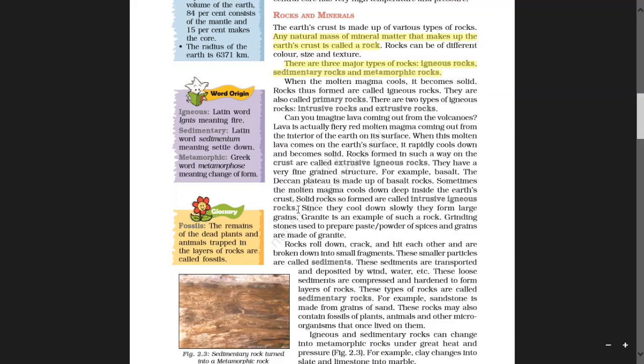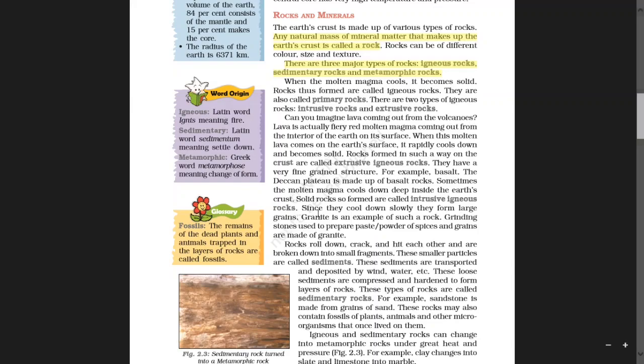As it isn't ejected, it remains inside the earth and cools down there. Those which cool down deep inside the earth crust are called intrusive igneous rocks.